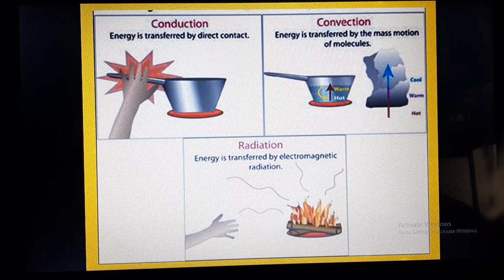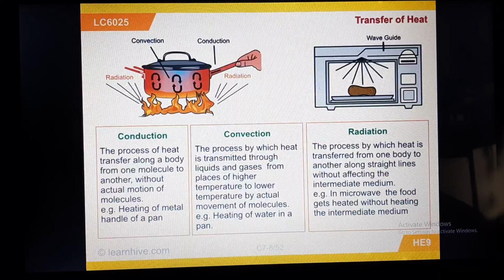So conduction is the energy transferred by direct contact, whereas convection is when the energy is transferred by the motion of the molecules. And when the energy is transferred by electromagnetic radiations, it is called radiation. So what is the difference between conduction, convection and radiation? Conduction is the process of heat which is transferred along a body from one molecule to another, but molecules are not moving.